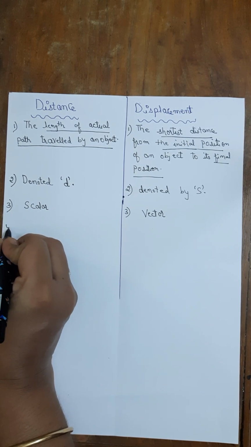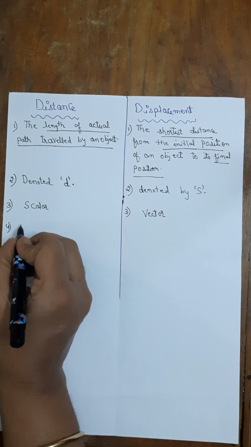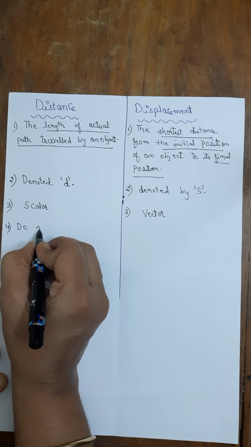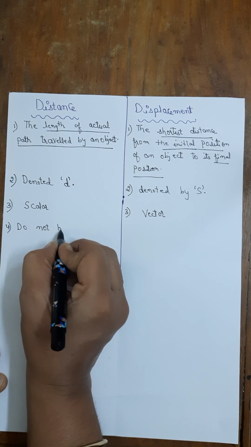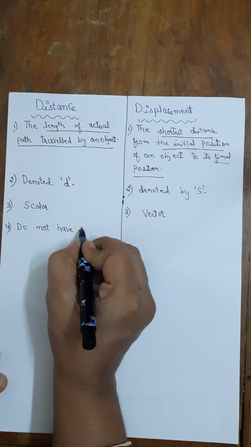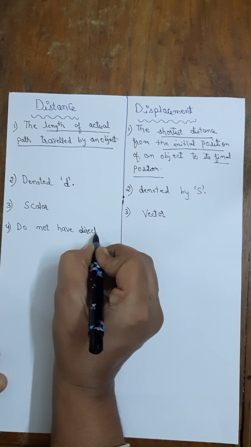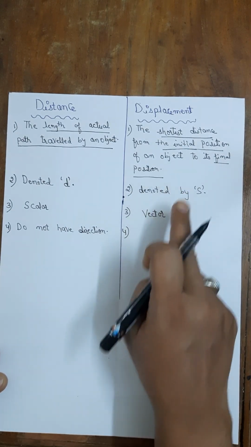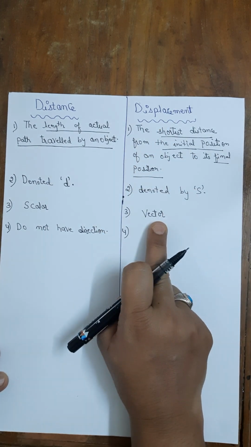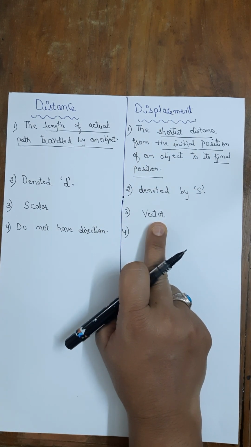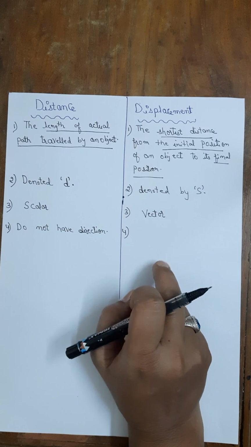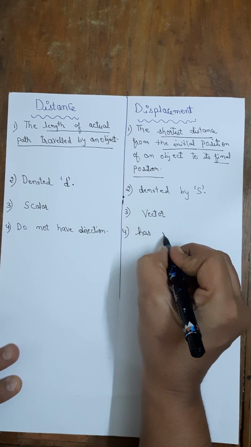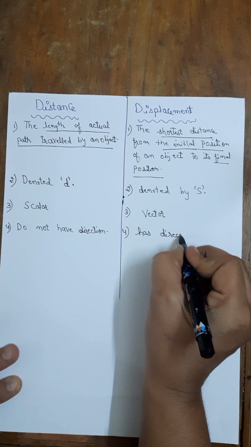So you can add one more point over here, distance does not have direction. Similarly, displacement is a vector quantity, what does this mean? That displacement has direction.